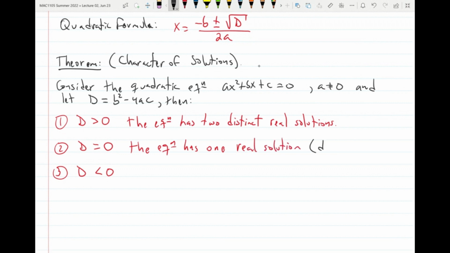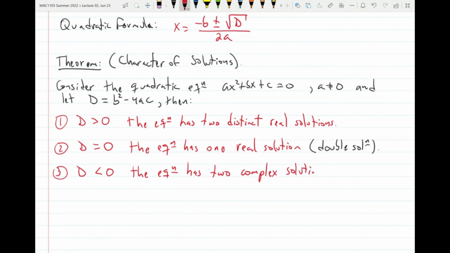In this case, we say that we count it twice, so it's a double solution, because that's the situation when you have a perfect square, actually. And in the last one, remember, imaginary is just with the i, but complex is the whole thing. So if the discriminant is negative, then the equation has two complex solutions.